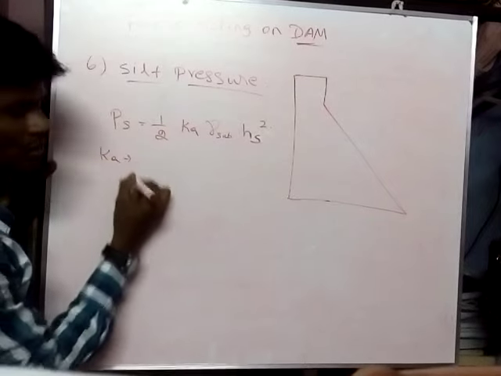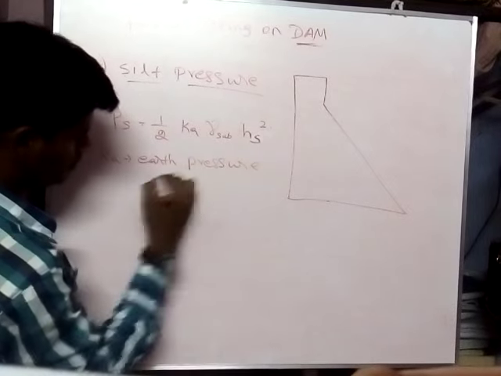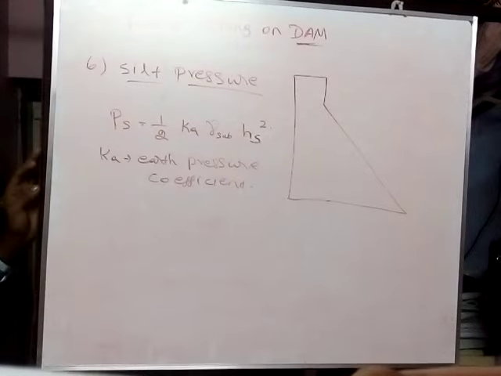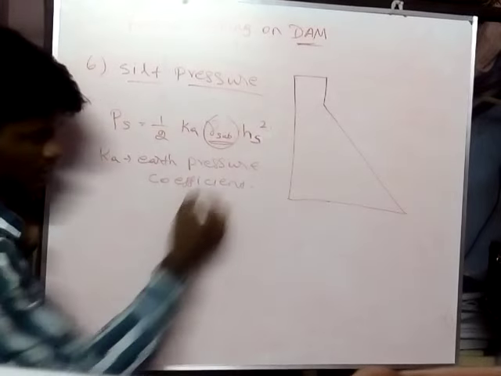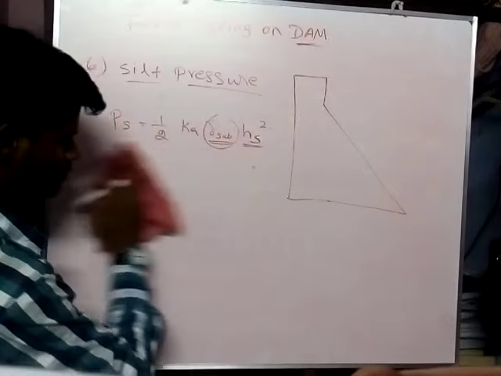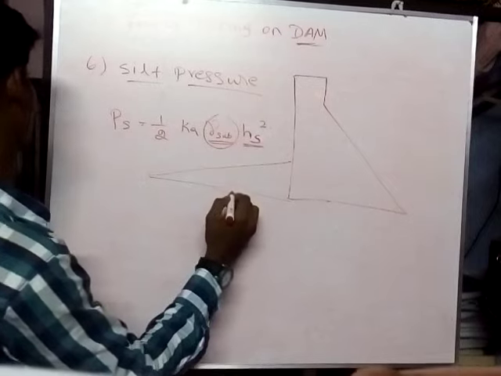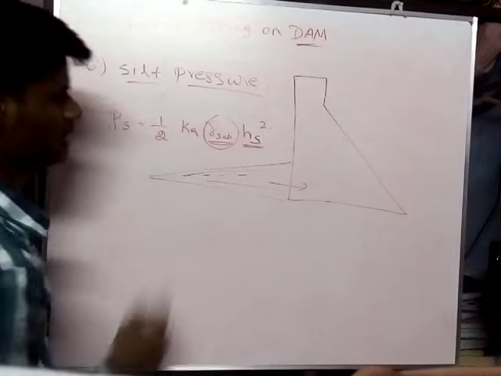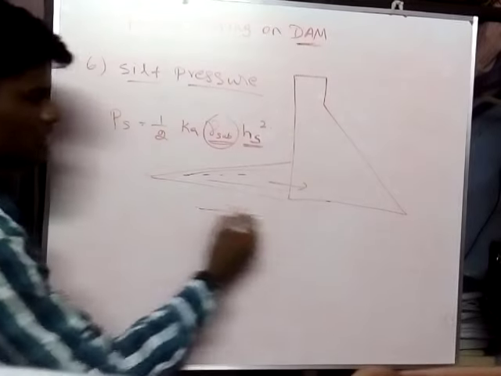K is the earth pressure coefficient, mu sub is the submerged weight of silt soil, and H is the height of silt. Silt is deposited like this. So silt force acts on the dam. So these are the forces acting on the dam.